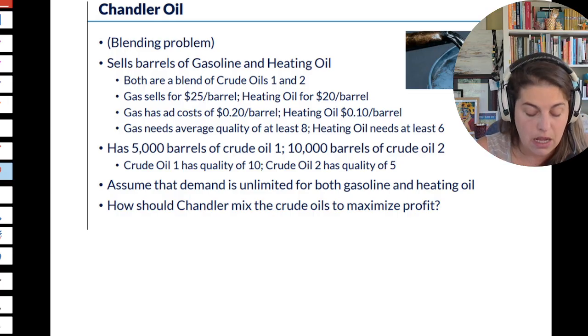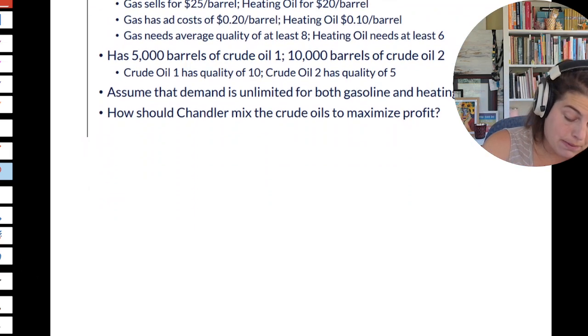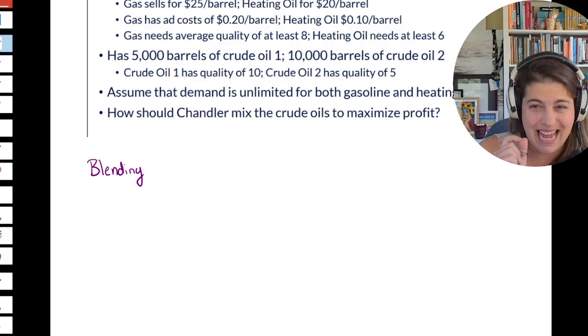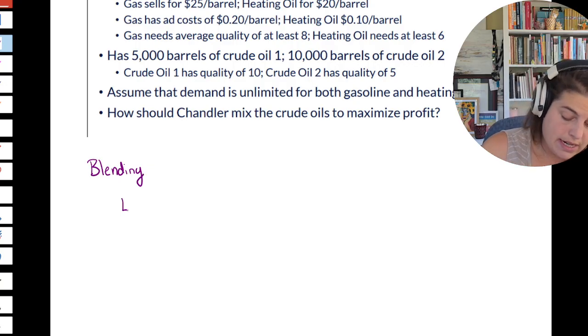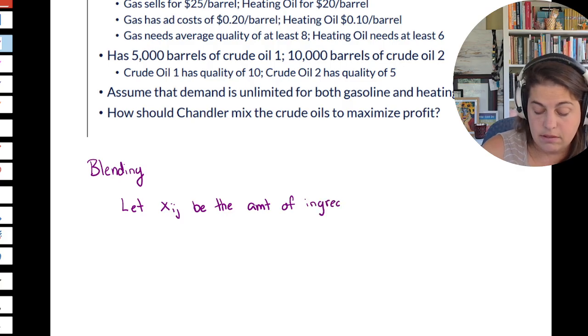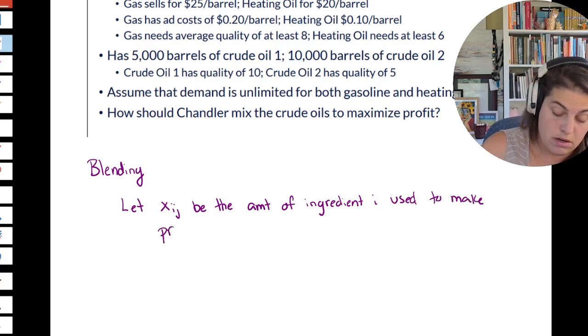So, just for kind of visual representation, in a blending problem, generally speaking, our decision variable is an xij variable. We're going to say let xij be the amount of ingredient i used to make product j.